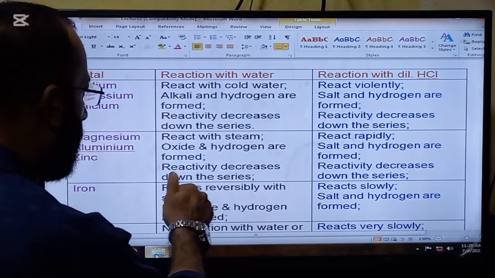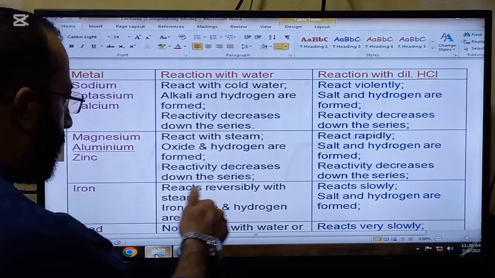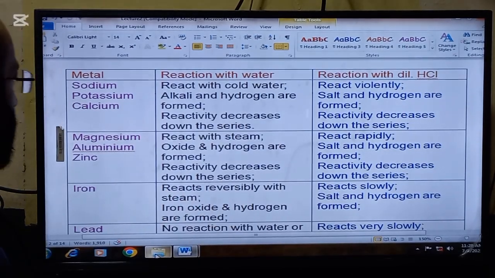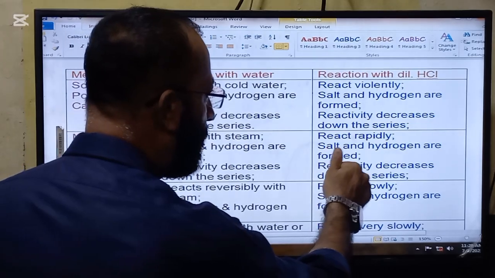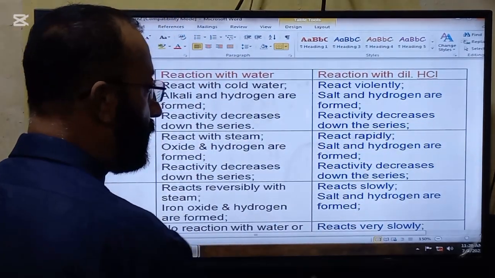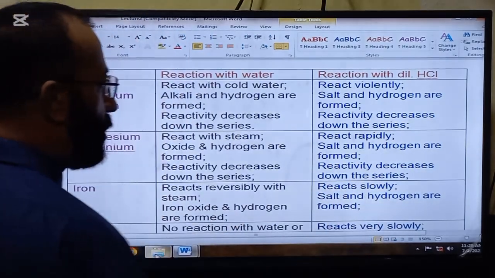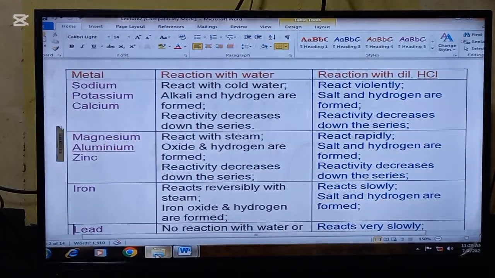Oxide and hydrogen are formed. Reactivity decreases down this series. And when these three metals react with dilute HCl, they react rapidly, not violently. Salt and hydrogen are formed. Reactivity decreases down this series.